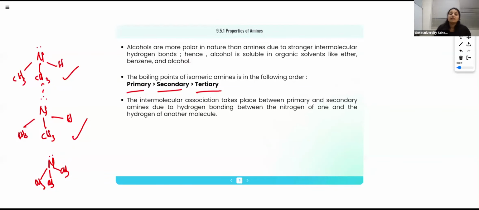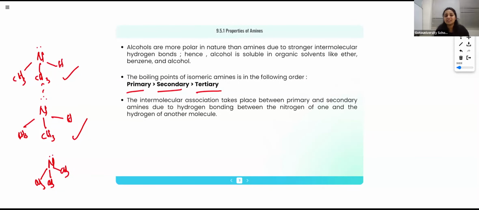If there is no possibility of hydrogen bonding, the boiling point will be comparatively less. That's why tertiary amines have a low boiling point.